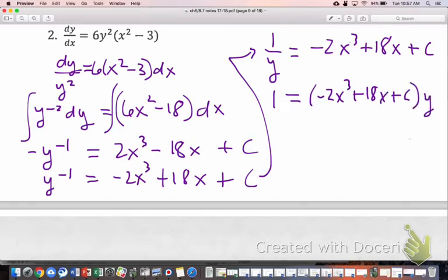And then after you cross multiply, you would maybe divide, yeah. So it would be 1 over negative 2x cubed plus 18x plus c. That whole thing would be equal to y. There'd be other versions of that answer perhaps, but that's a good one.